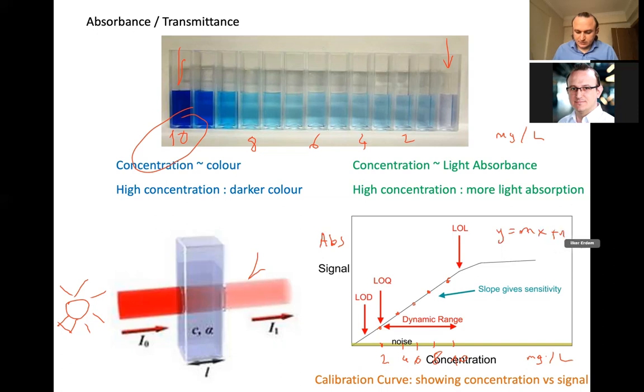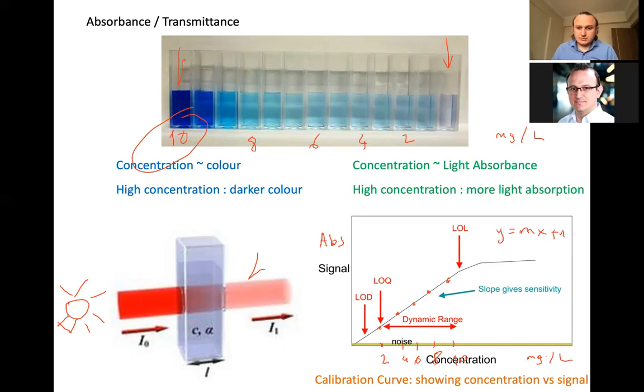Here x is the concentration, m is the slope of the line, and y is the absorbance value. So what we have found here, we just prepared our samples with known concentrations, and we measured the absorbance value. So we find a relationship between absorbance and concentration.